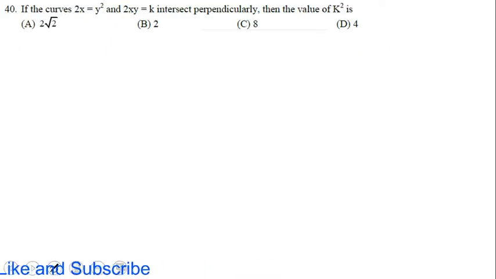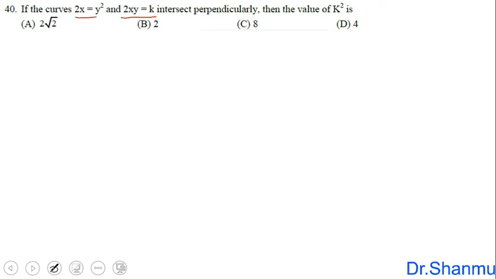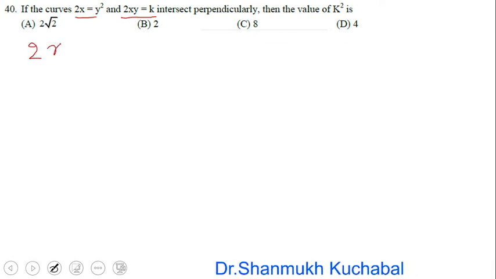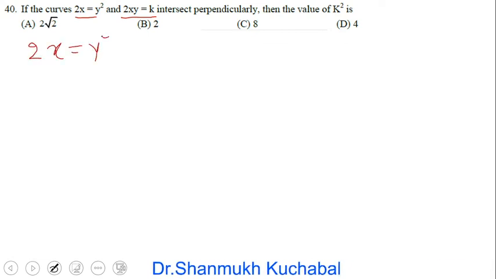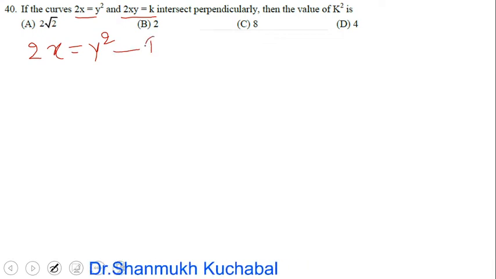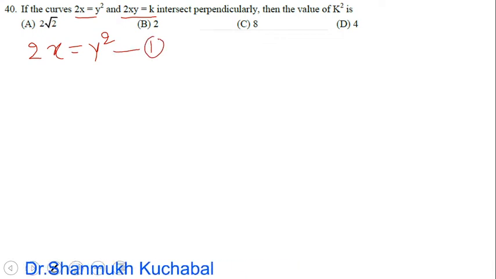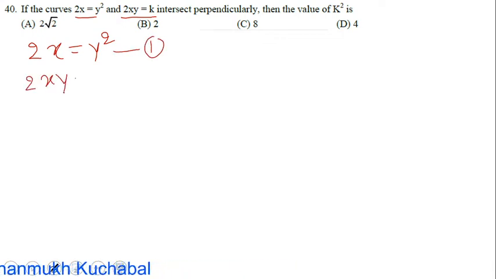It is given that two curves intersect perpendicularly, and we need to calculate the value of k square here. The first equation is 2x equal to y square, I call it equation number 1, and the second equation is 2xy equal to k, which I call equation 2.